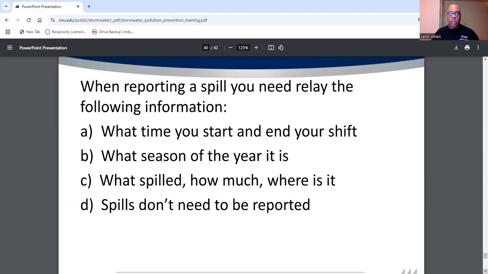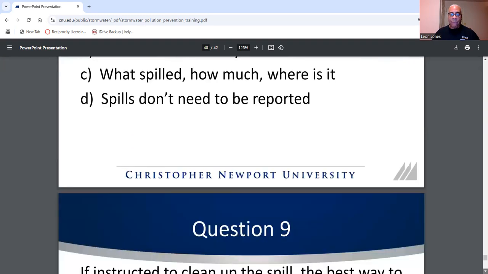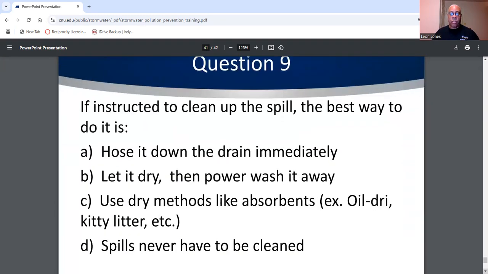When reporting a spill, you need to relay the following information: what spilled, how much, and where it is. Simple as that. If instructed to clean up the spill, the best way to do it is, you don't hose it down a drain.